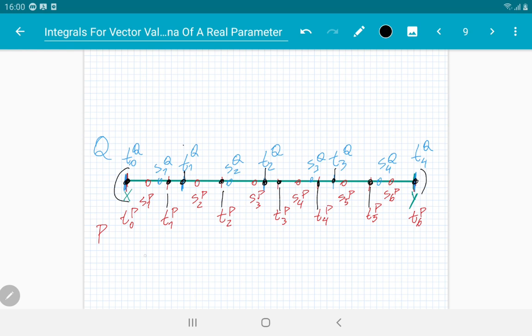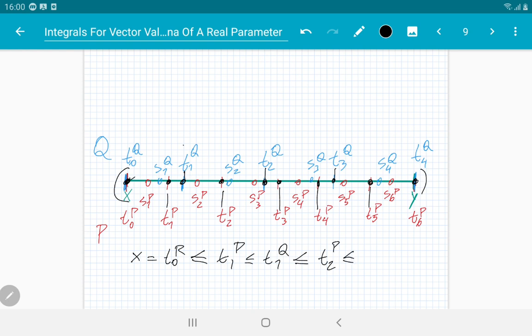So if you want, you can write the T's of partition R as T0R. What's the next guy? So it's T1P, then T1Q, then T2P, and so on, right?